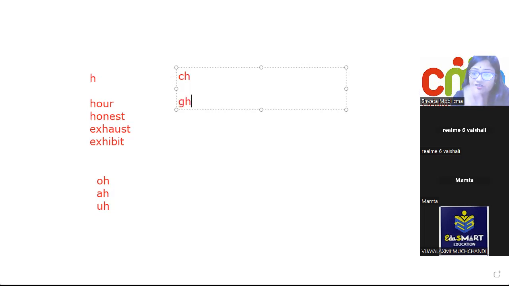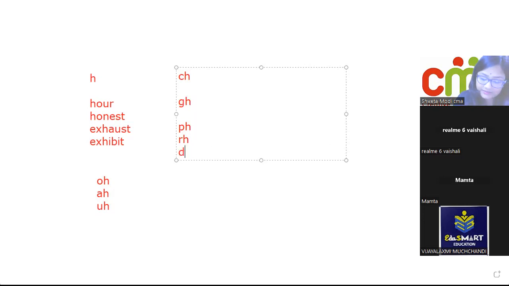Now, when it comes with G, what will happen? Just now we have done. With B, what will happen? With R, it will again be silent. Rhyme, rhythm.